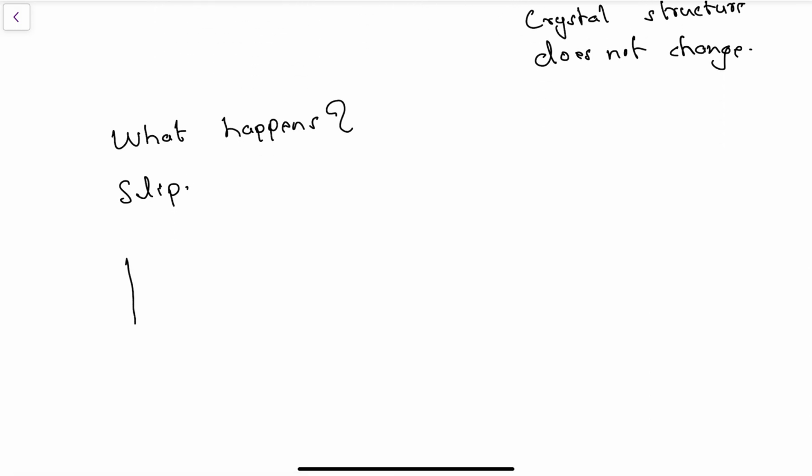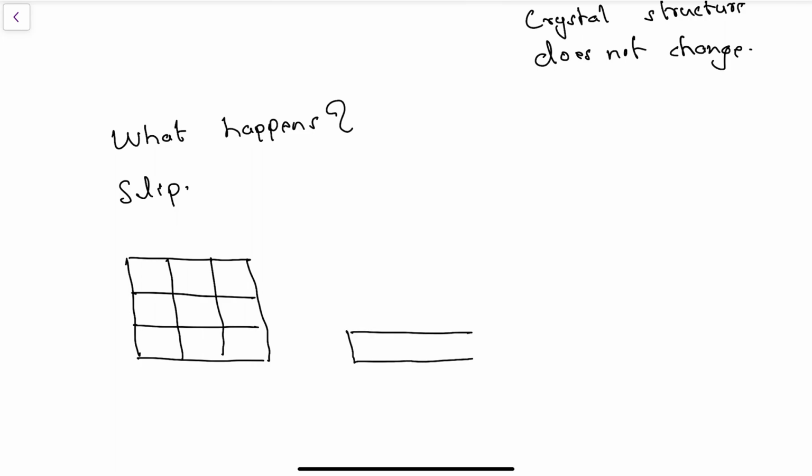So you have a crystal structure like this, and it deforms. See, this is what is happening to the crystal structure. The crystal structure as such remains intact.